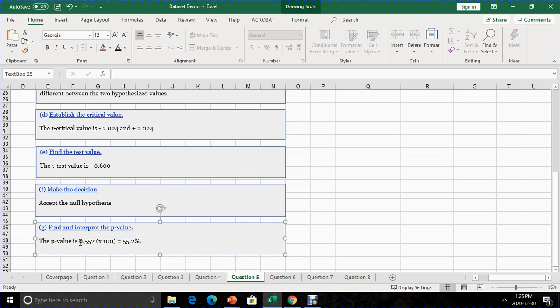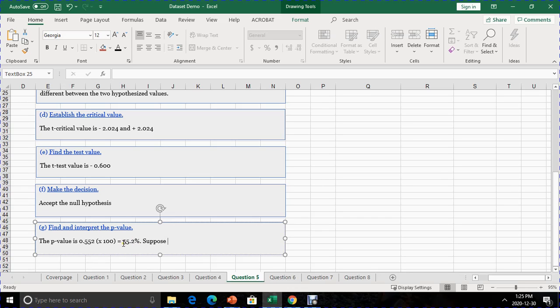So this means that if we should decide, suppose we want to reject the null, then we'll be incurring 55.2% error in that decision.